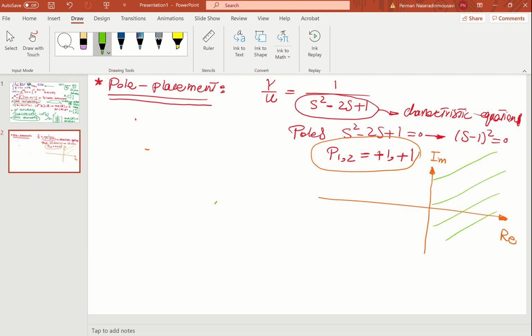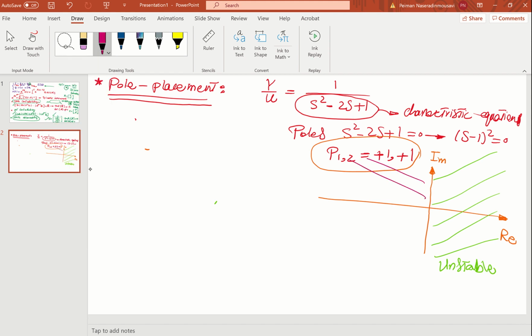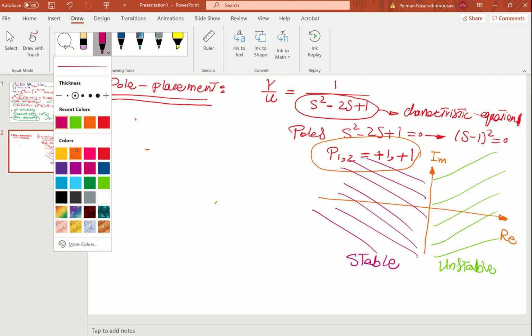This area, right hand side of the imaginary axis, is the unstable area. Unstable area means your system is going to lose stability. But this side, left hand side of the imaginary axis, is stable. That's right, from undergraduate control. And what happens on the imaginary axis?